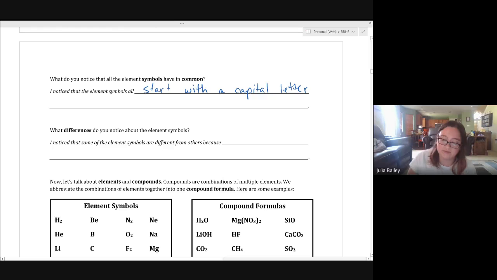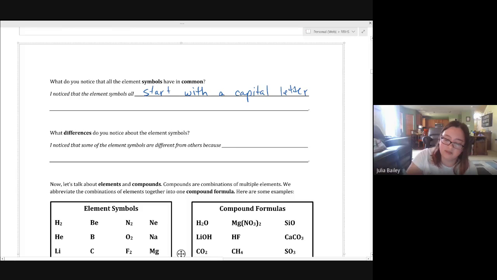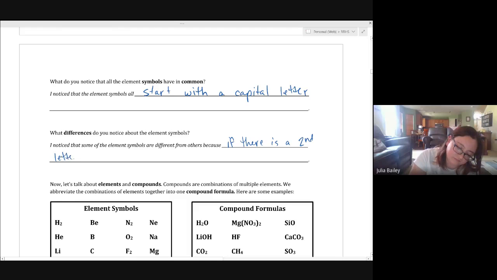Well, I notice that some of the element symbols are different because if there is a second letter, which they don't all have, only some symbols have a second letter at all, but if it does have a second letter, it is lowercase.